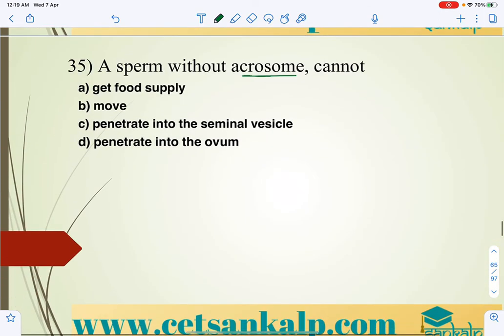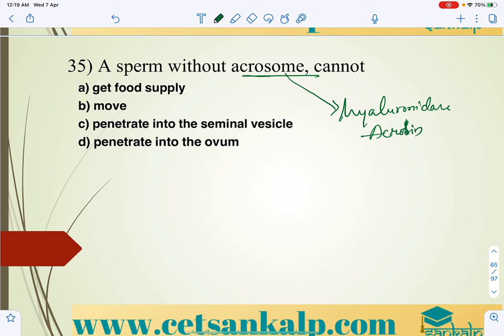The sperm without acrosome cannot fertilize. We know that the acrosome contains hyaluronidase enzyme and acrosin. These are the lysin enzymes, which help in penetration into the ovum.